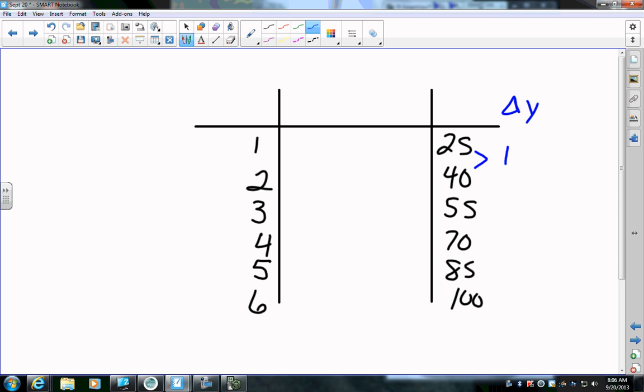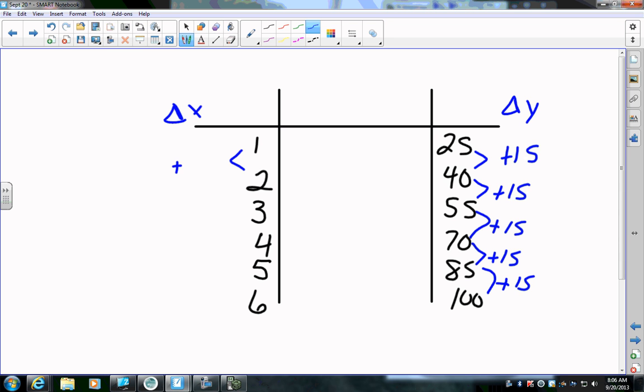What is it increasing by? 15. Each time it's increasing by 15. Delta x, the change in x, is increasing by 1.